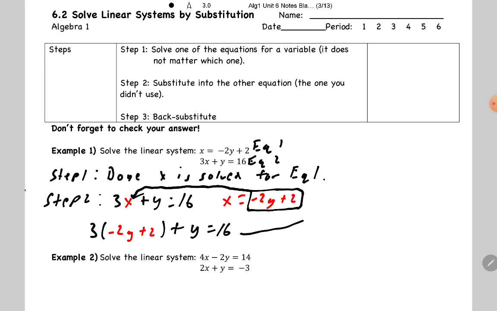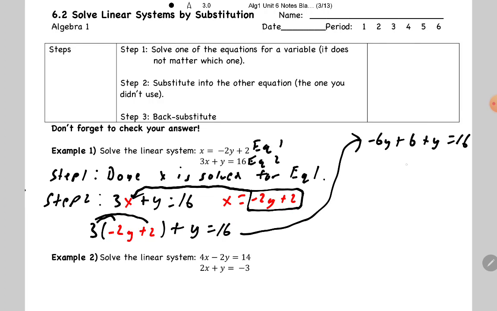Now let's solve for y. I'm going to distribute the 3. So 3 times negative 2y is negative 6y, plus 3 times 2, which is 6, and then we have the y there equals 16.